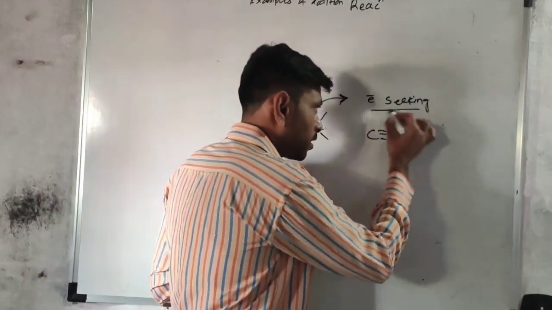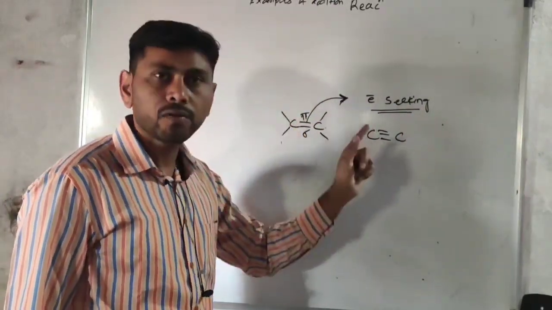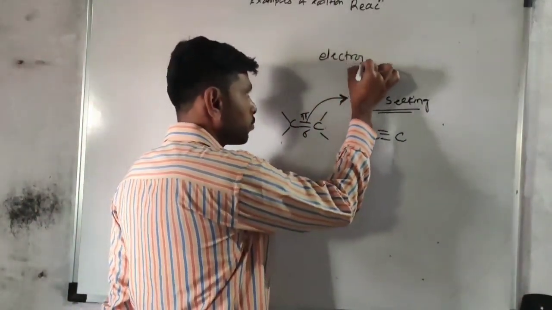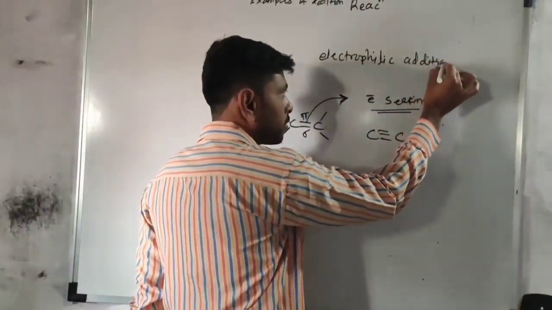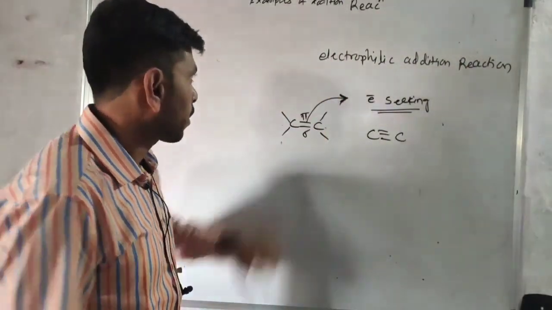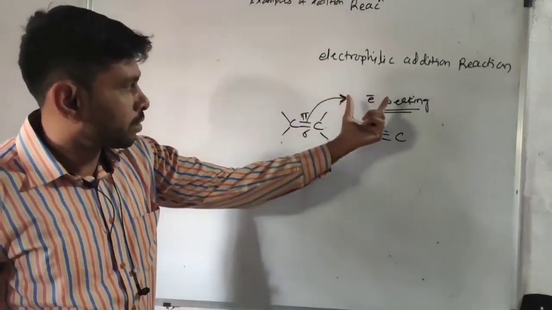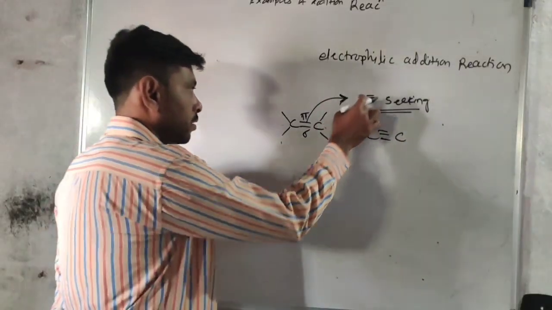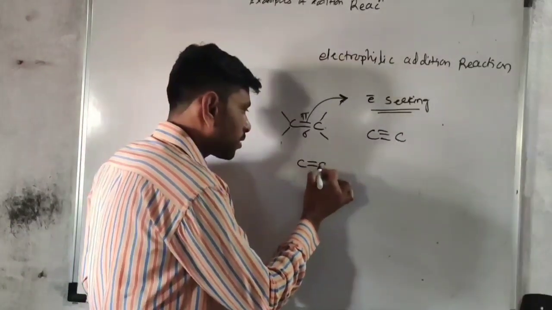And if the reagent is electron seeking, then we call it electrophilic addition reaction. Okay, so we have to see in detail this electrophilic addition reaction. In this reaction, the reagent is electrophilic, so it requires electrons. So we have to see the mechanism, and we have to start with the carbon-carbon double bond.